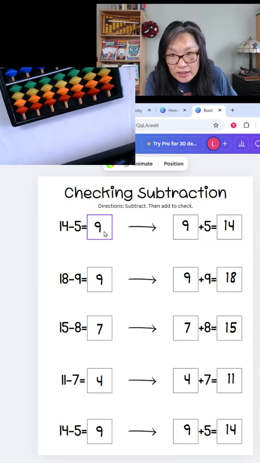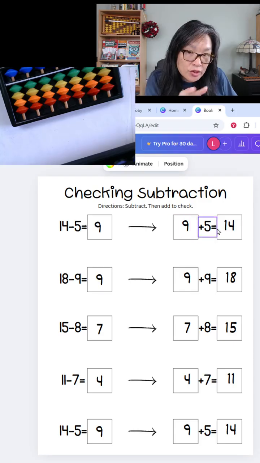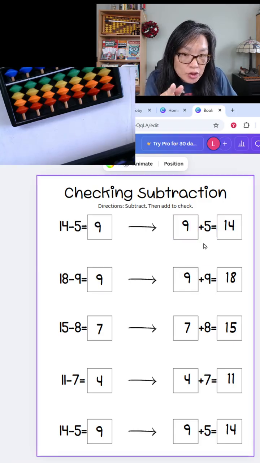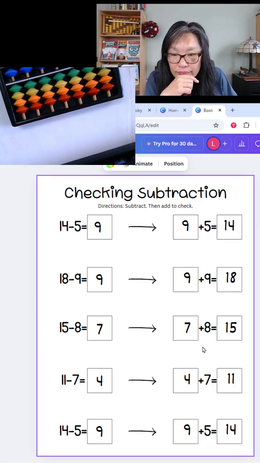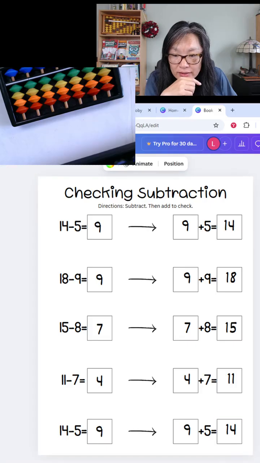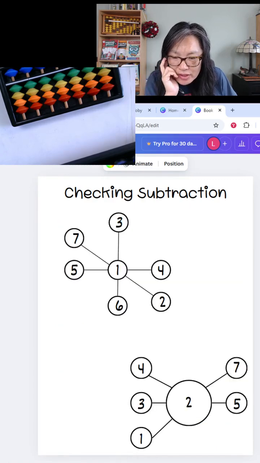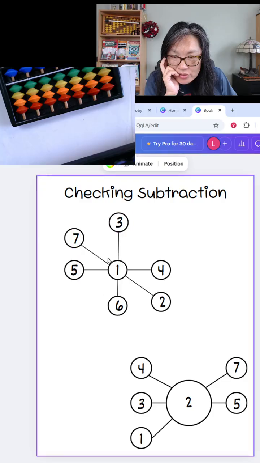And if you're just checking the subtraction, you subtract the number, you get the 9, you do it again, but you do it plus the 5. It's interesting because you should already know how to add the 5, and you'll see that there's a number pattern. Oh, this is brilliant. This one I'm still trying to play around with.